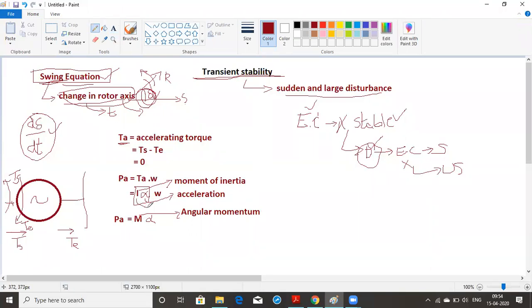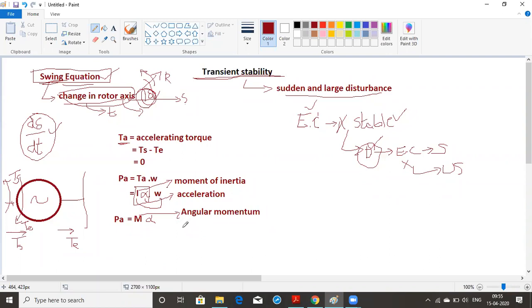If you see here, angular momentum is nothing but a quantity of a rotating body. If you want to measure any quantity of a rotating body, then we represent it with angular momentum, which is a product of moment of inertia and angular velocity.